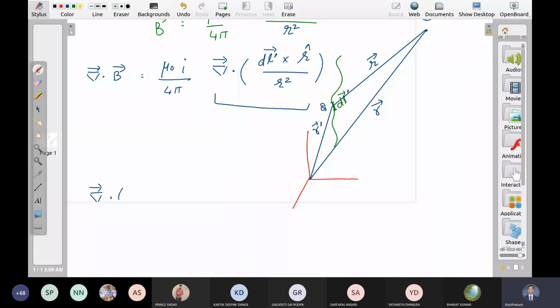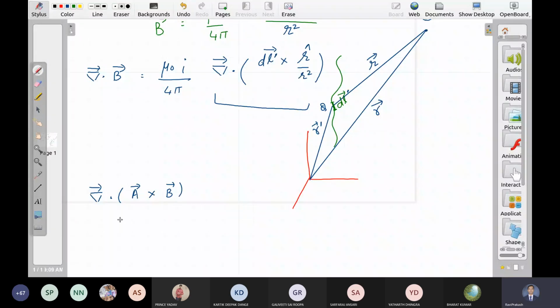This is something like this, right? Divergence of one vector multiplied by another vector. You can take r cap by r square as one vector. If you want to be more precise, let me use it like this: del cross r cap by r square.